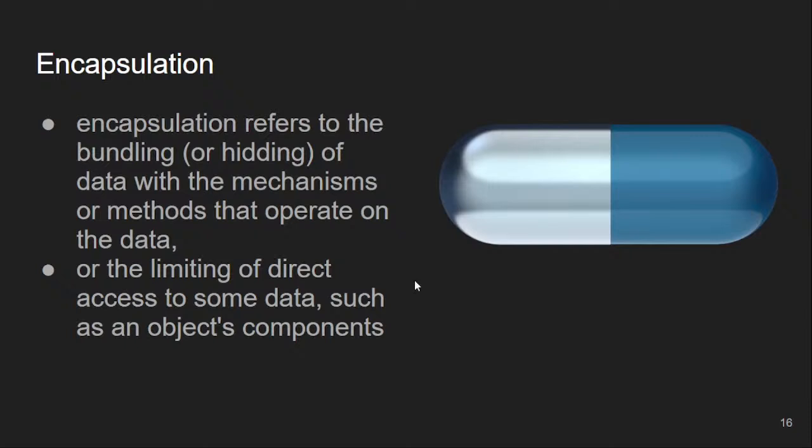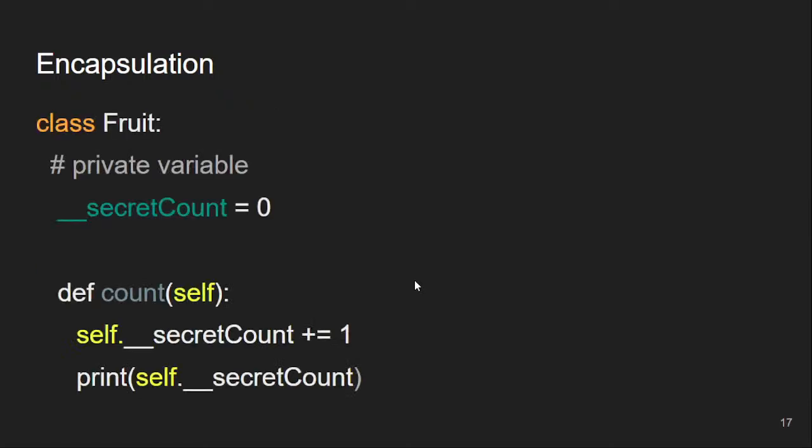The way you do encapsulation in Python is that you declare a private variable or a private method. To declare a private variable in Python, we don't actually have the keyword private like languages such as C++, C# and Java.